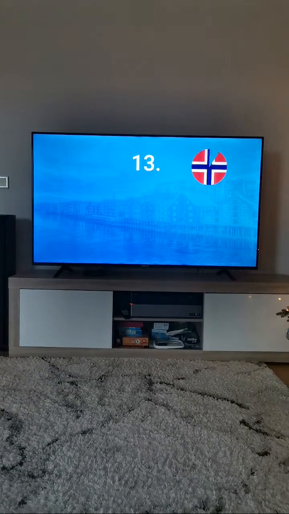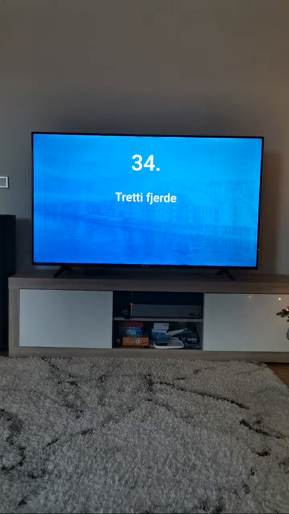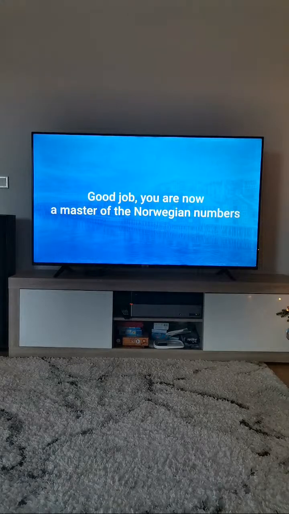Tolvte. Trettende. Trettende. Sekstende. Sjuende. Sekstende. Seksende. Nittende. Nittende. Tjueførste. 21. Trettiførste. 34. Eviga. Sweet, we're finally done with the test and the numbers.